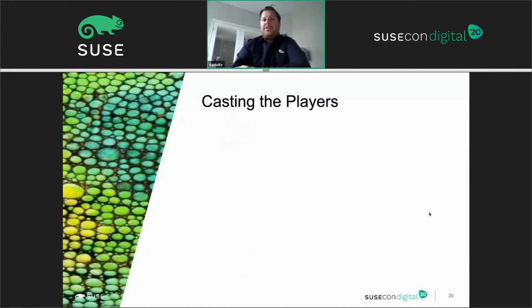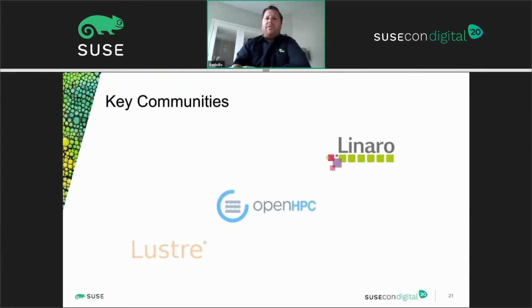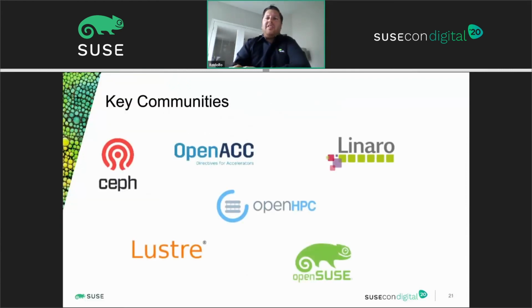Now to cast the players. As mentioned before, we provide the HPC module with a variety of HPC applications and packages like Slurm, Singularity, and Robinhood. SUSE relies on its partnership with other vendors to be successful.